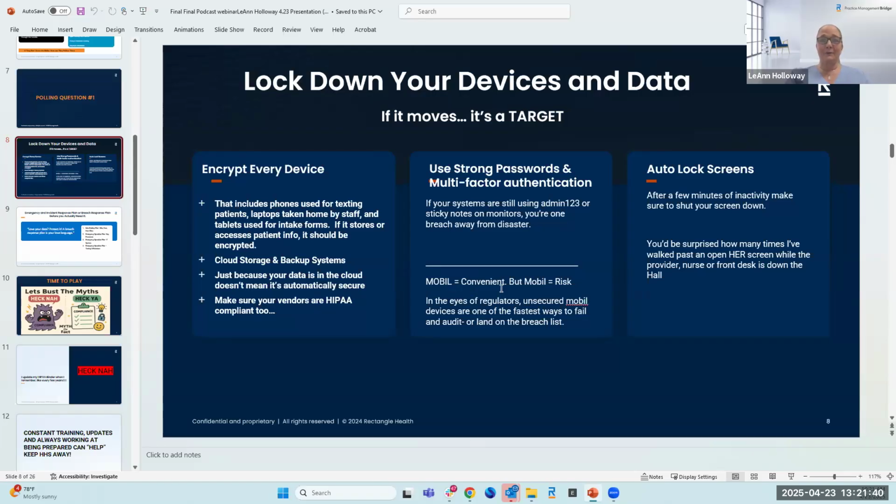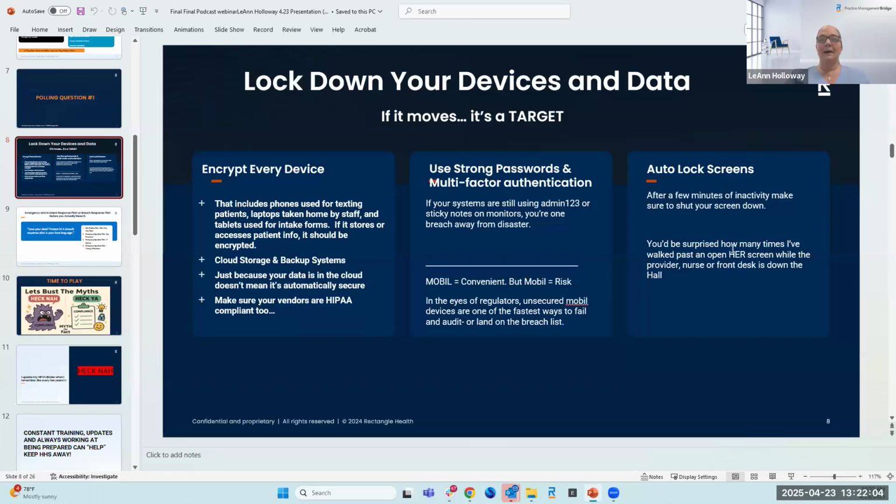Mobile equals convenient, but mobile equals risk. In the eyes of the regulators, unsecured mobile devices are one of the fastest ways to fail an audit or land on the breach list. We definitely don't want anybody to do that. Auto lock screens: after a few minutes of inactivity, make sure you shut down those screens.